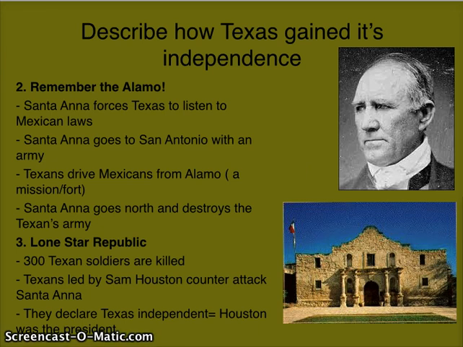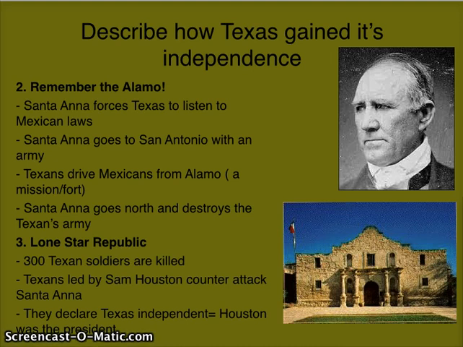This does not last long, though. We have something called the Lone Star Republic. So after about 300 Texans are killed by Santa Anna's army, another Texan starts a counterattack. His name is Sam Houston. We also have a city in Texas called Houston after this man. He counterattacks against Santa Anna and his army.